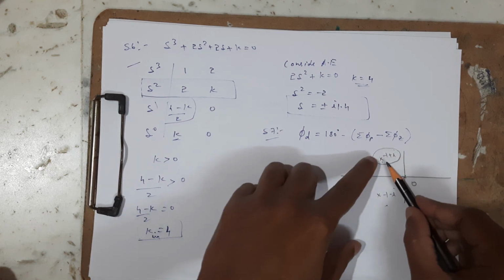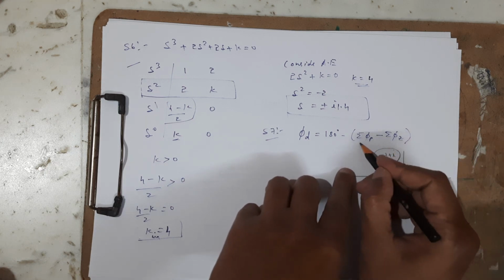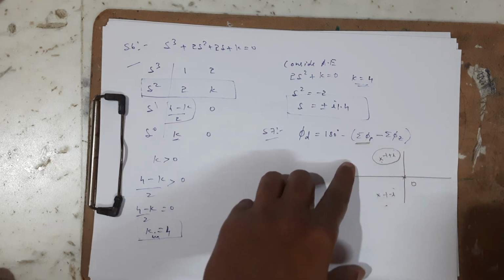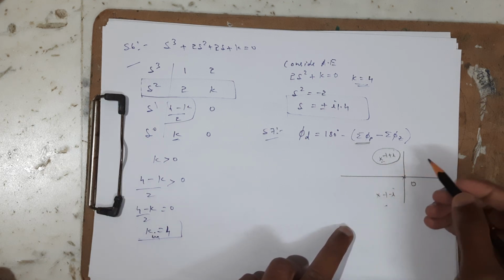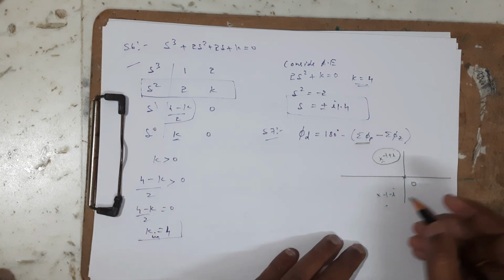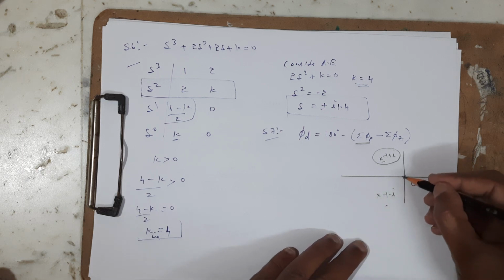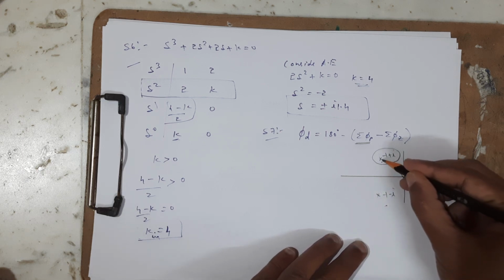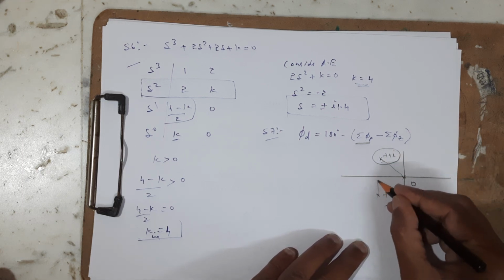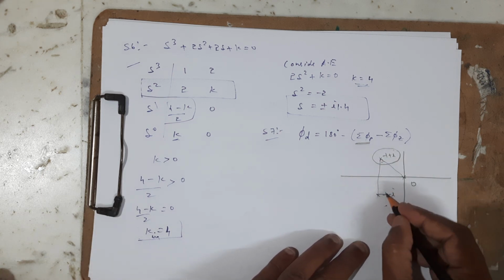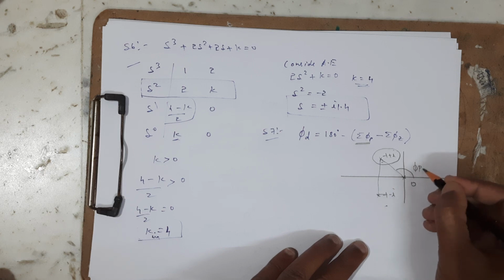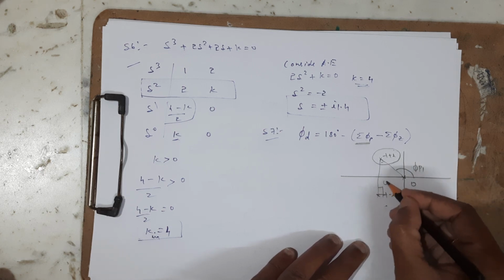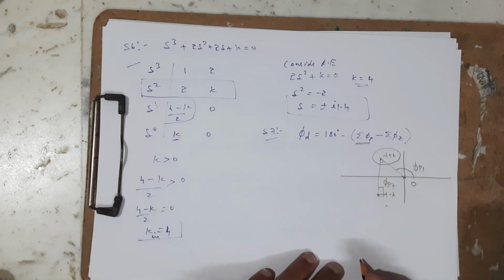Okay, so now I need to find out the phi p. Apart from this pole, we have another two poles. I am going to draw the line from this pole to this and this pole to this. This is phi p1 and this one is phi p2.